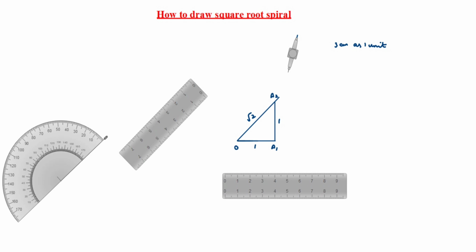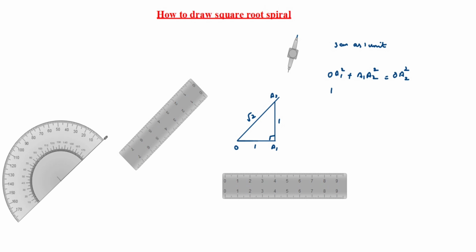This is 90 degree. Using Pythagoras theorem, OA1 square plus A1A2 square equal to OA2 square.